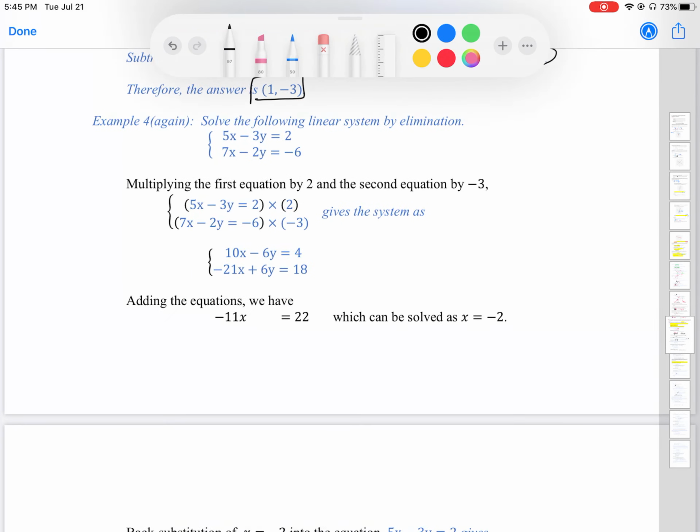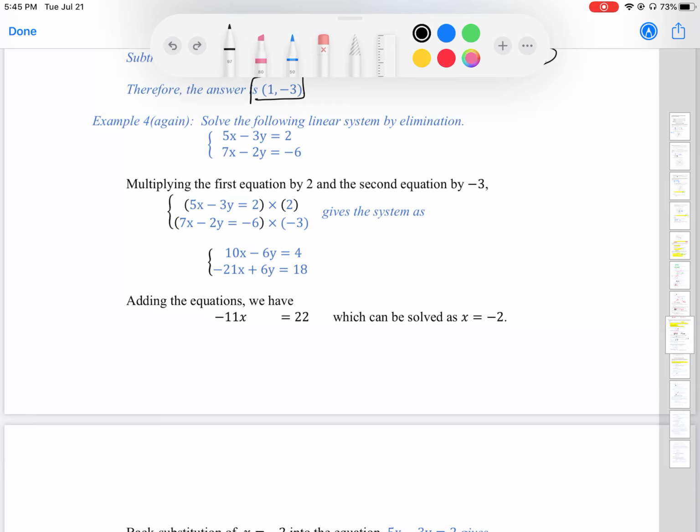All right, let's do example 4. Solve the following system by elimination. Again, if we look at our numbers, they don't add up to be 0 automatically. So I have to multiply something to one or both of them. 2 and 3 make me think of 6. So let's go ahead and try to create a 6.